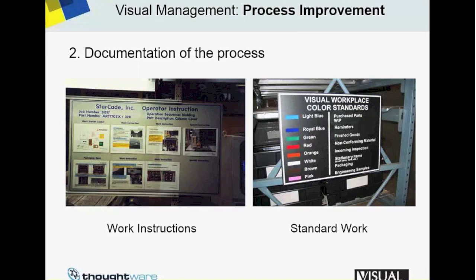Remember, we're always looking at our visual management application through ergonomic or safety eyes first. In this slide, the picture on the left provides some visual work instructions, including the sequence of operations and time requirements to meet the customer demand, often referred to as tact time by our lean brethren.